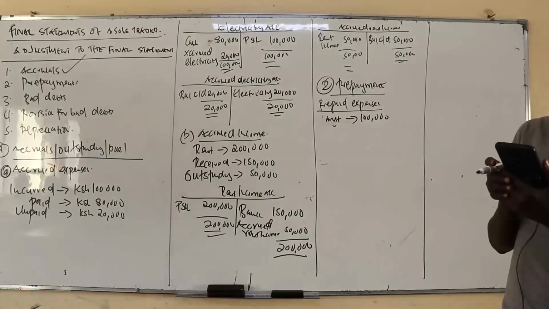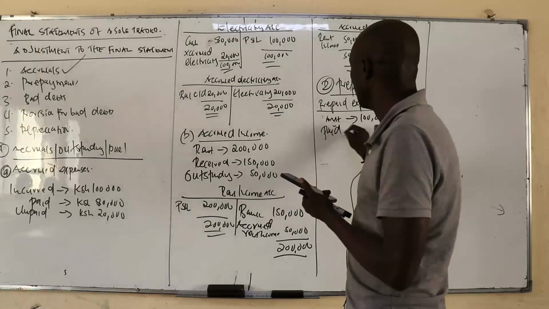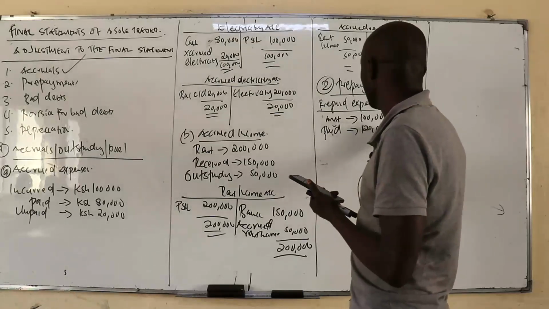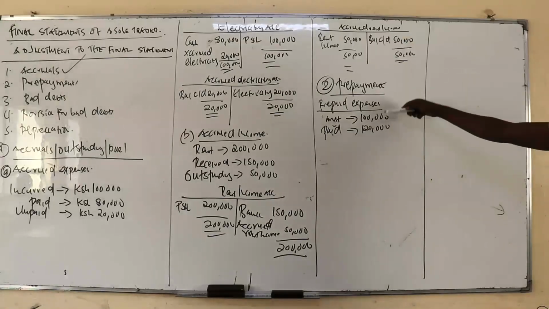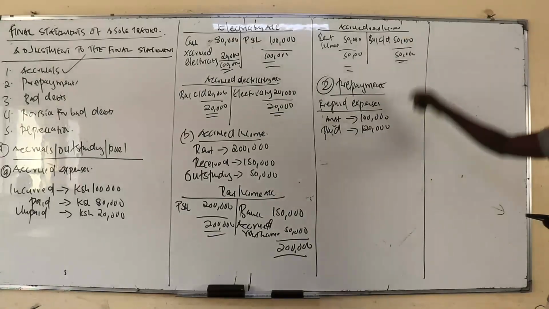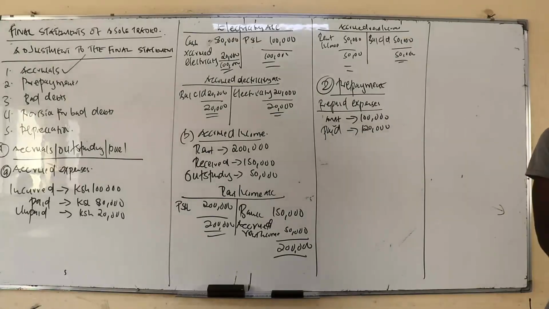The total amount paid for the year was 120,000. They are only supposed to pay 100,000. This is the only amount that relates to that year of 2010. But they did not pay 100,000. They paid 120,000.